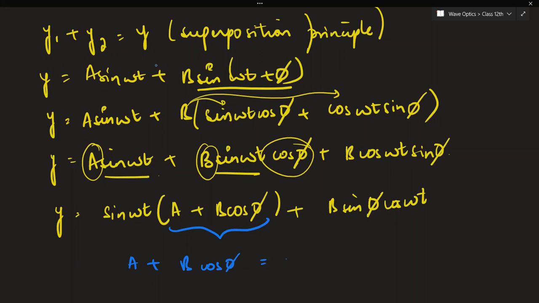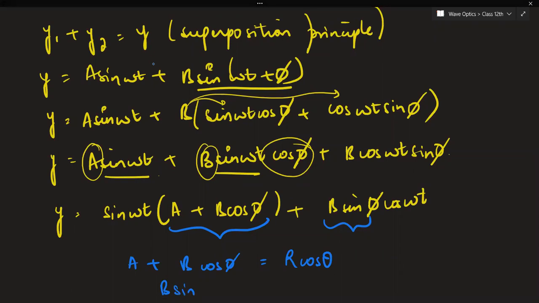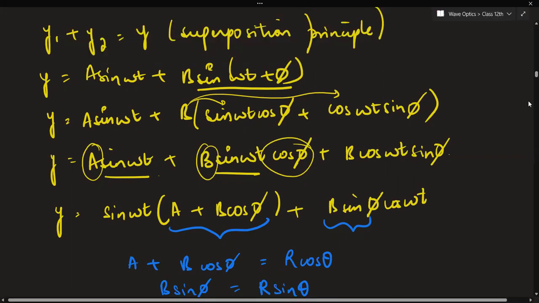I am writing this term as R cos theta, while this term b sin phi, I am writing it as R sin theta. Now understand what has been written. Basically, a plus b cos phi, just in order to shorten it, I am writing it as R cos theta, where theta is what?